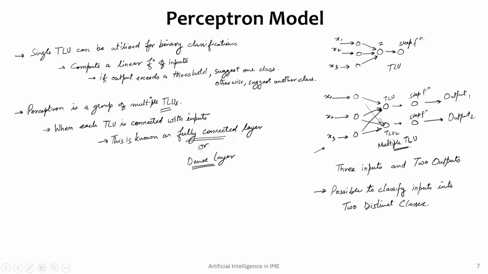Let's say you have more than two classes. Then you just need to add one more neuron here, which will also get connected to every input, with again a step function and an output 3.